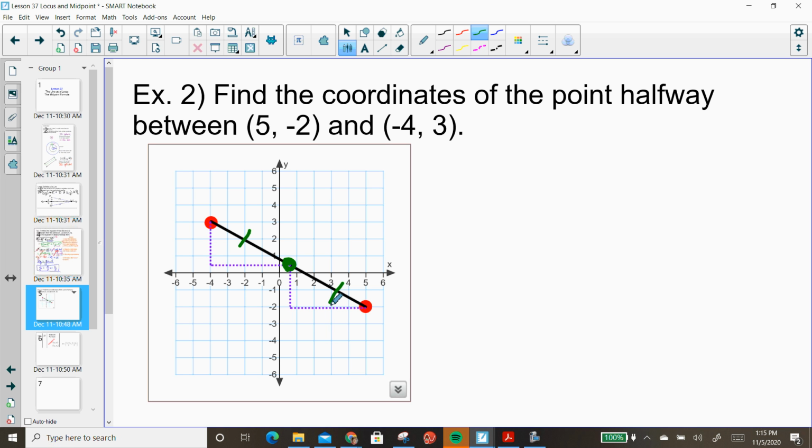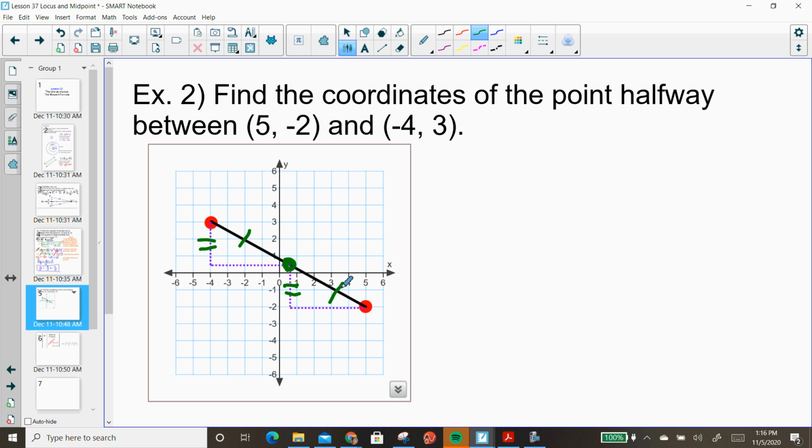So that tells us that this little distance from the y coordinate on my top red point to my green midpoint is the same as the distance from the y coordinate of my green midpoint to my lower red point's y coordinate. So that means that the y for that green point is halfway in between just the 2 y coordinates.